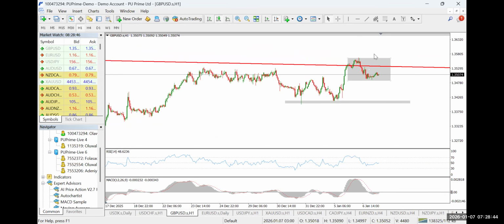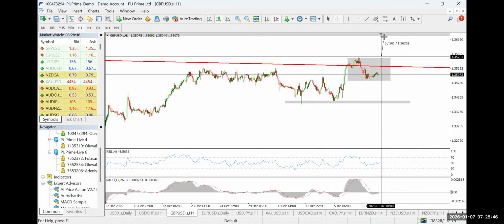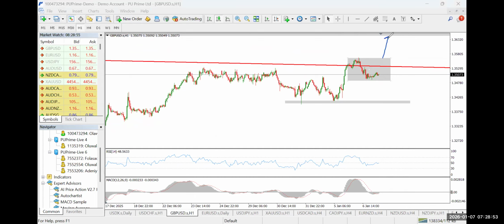All right, so if it breaks out to the upside, you can buy to another like 70 pips, either direction. If it breaks out above this zone, you go to the next resistance zone. If it breaks out below, you sell to the next support zone. Yeah, that's my outlook on GBP USD.